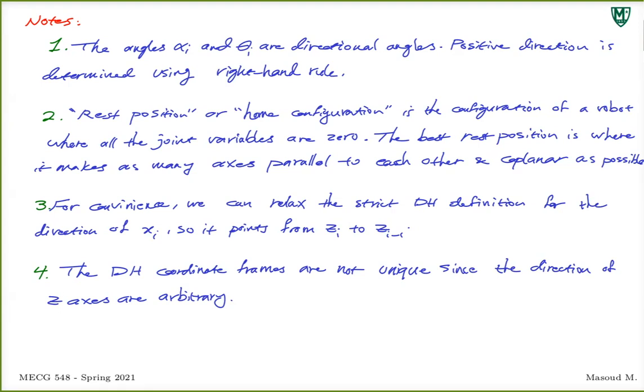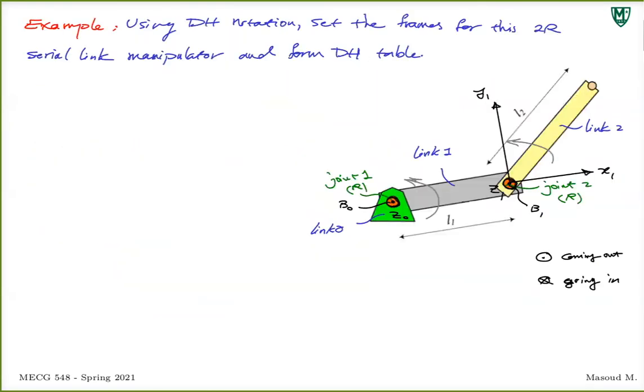Now, what we want to do is get x1 in a direction such that when we are in the rest position, which has as many axes parallel to each other and coplanar as possible. One rest position that is probably very easy to think about is having all of these like this.